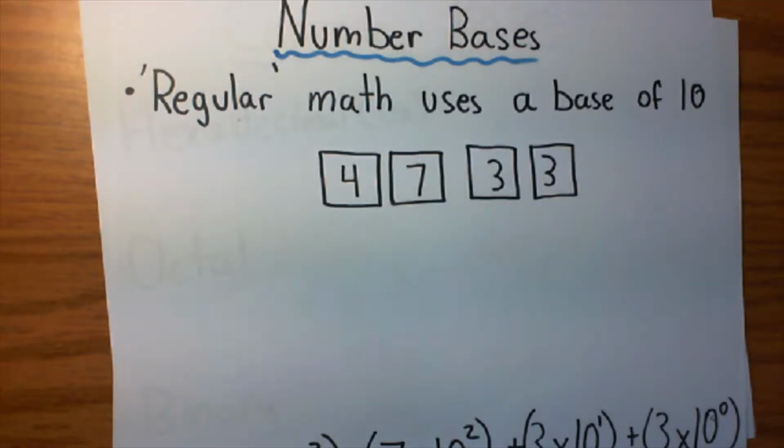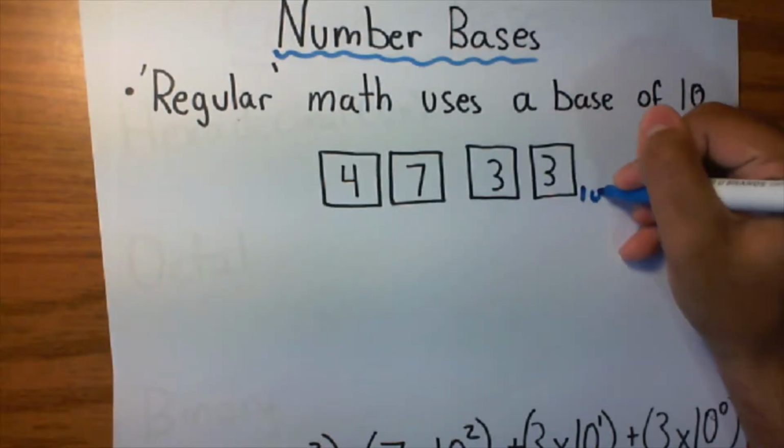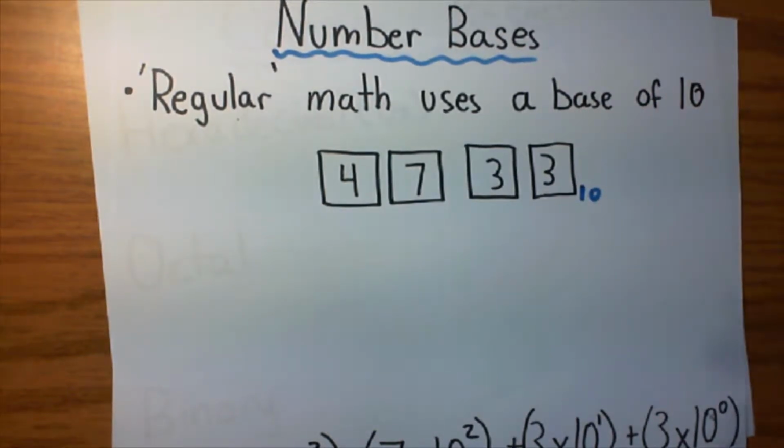If you have the number 4,733, you have a base of 10 in this number. For our purposes, we'll mainly be writing a subscript 10 here so you know exactly what base we're talking about, at least for this video.